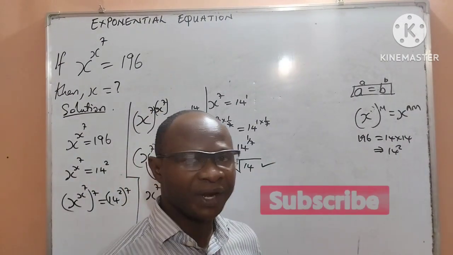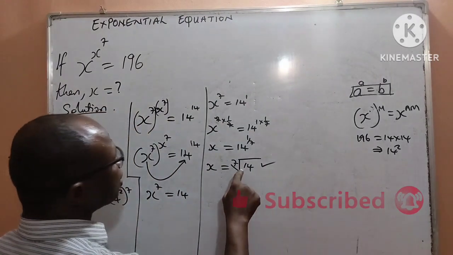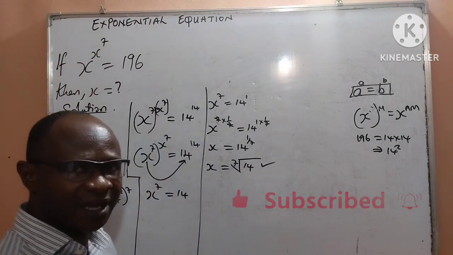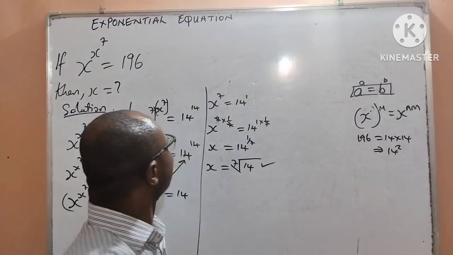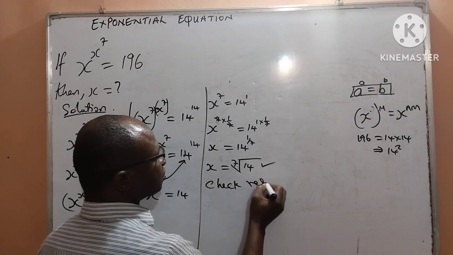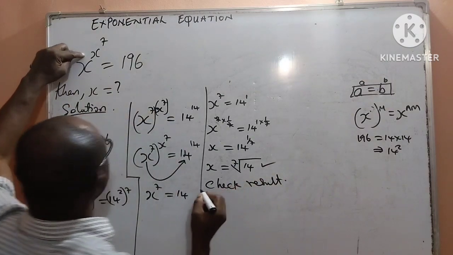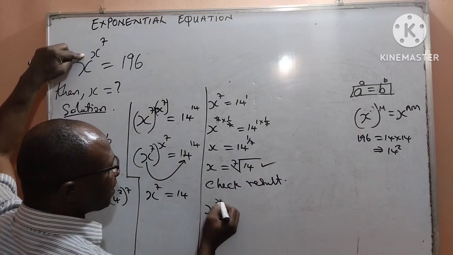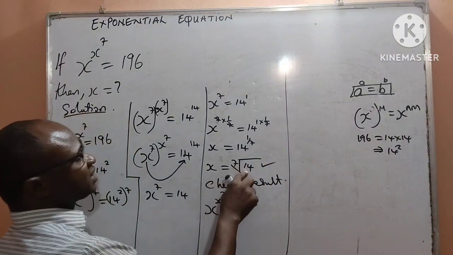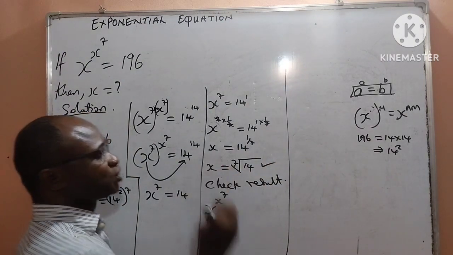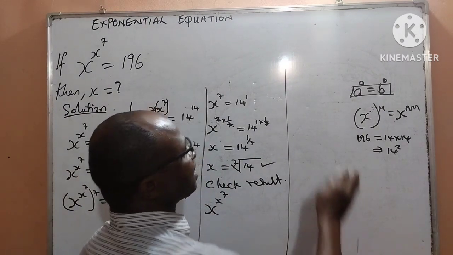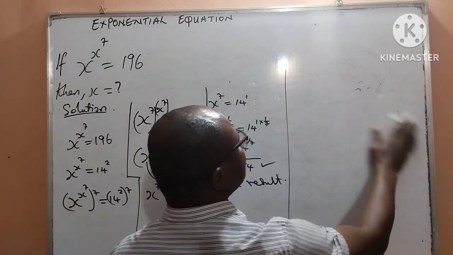Alright, within the shortest time, let us substitute the value of x by the left hand side to see if we can get 196. Therefore, check result. What result do we want to check? We want to solve x raised to the power x raised to the power 7. We have known the value of x, so we replace it. Anywhere we see x, we put the 7th root of 14 to see if it will give us exactly 196.